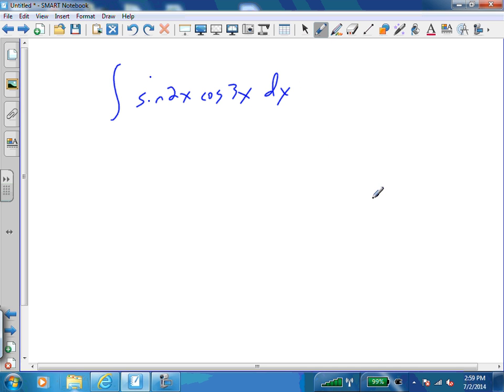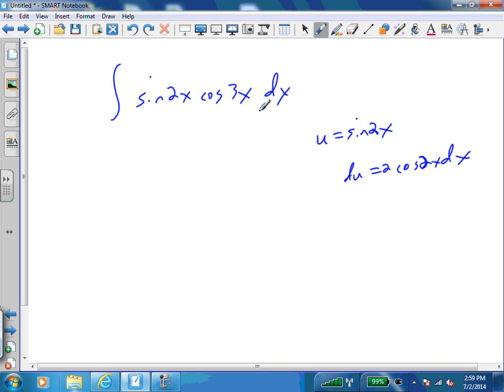Well, if this was 2x and that was 2x, then we could let u be sine 2x, and du would be the derivative of that, which is 2 cosine 2x dx. But if that's 3x, then we don't have a match.